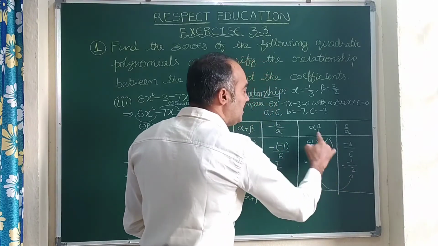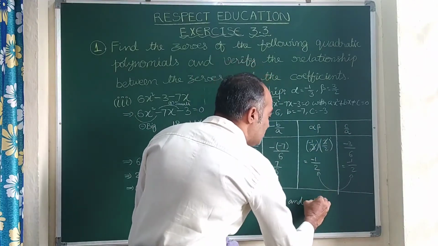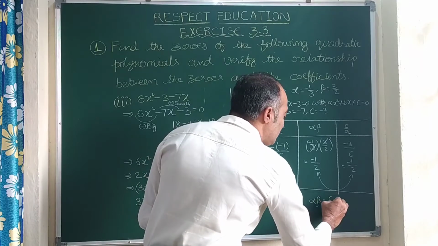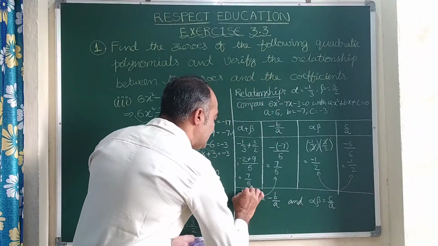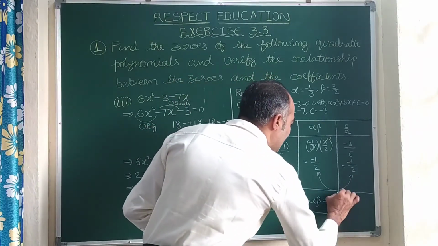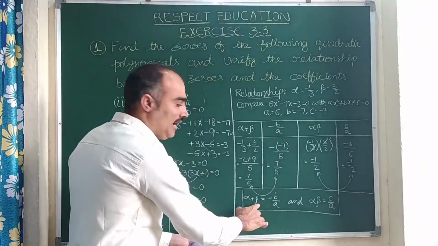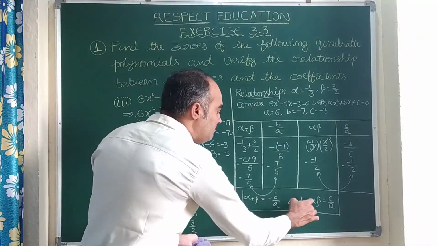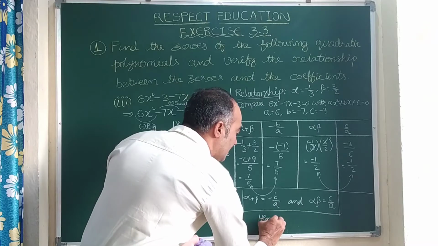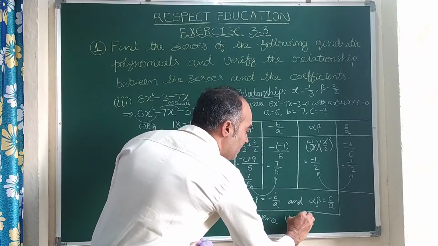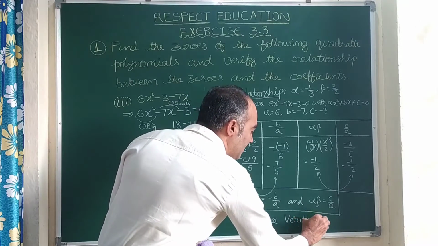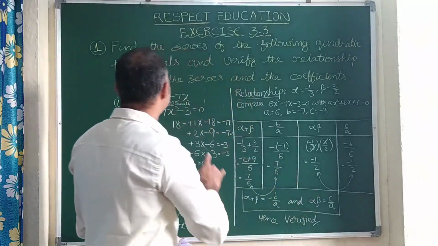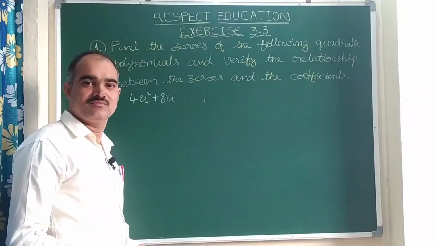These other two are alpha into beta and c by a. So we can write alpha into beta is equal to c by a. This is the relationship between zeros and coefficients. So this is verified. Hence verified. With this, the third bit gets completed.